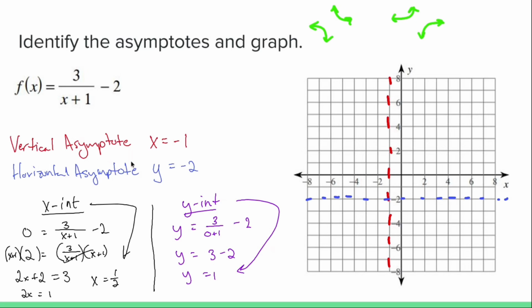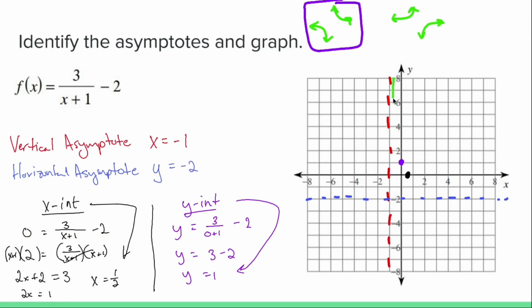My x-intercept is going to be 1/2, so I'm going to put a dot right there. My y-intercept is going to be 1, so I'm going to put a dot right there. What this tells me is that in order for me to draw this out, I have to have a line that goes through these two dots, which means I have this version right here. So we're sketching now. We're not looking for perfection.